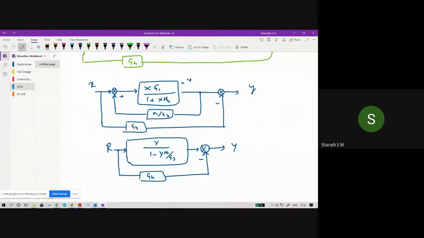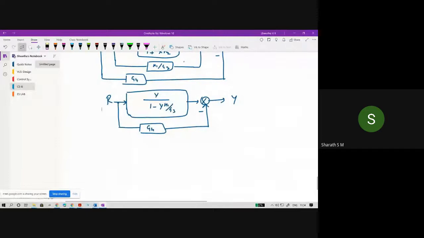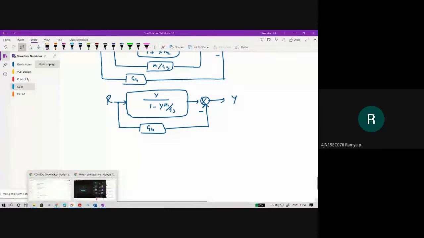At the last, is it a forward path or feedback path? And this one G4. Ramya? Yes, sir.